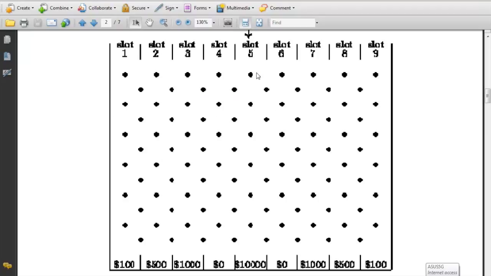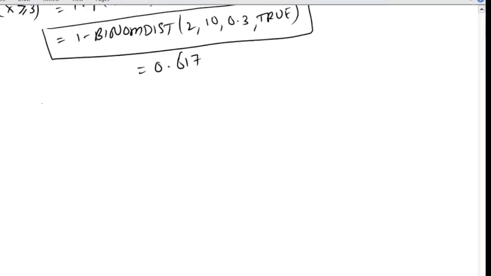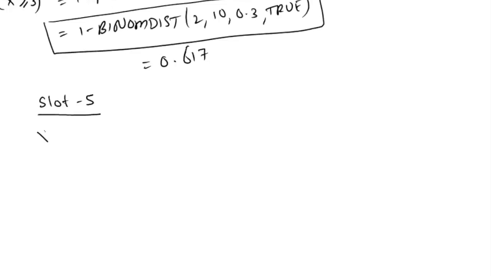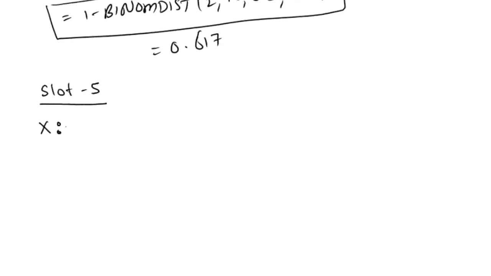When they start here, they have to encounter that many pins. So 1, 2, 3, 4, 5, 6, 7, 8, 9, 10, 11, 12. So n becomes 12.